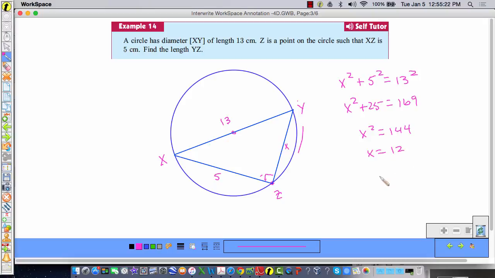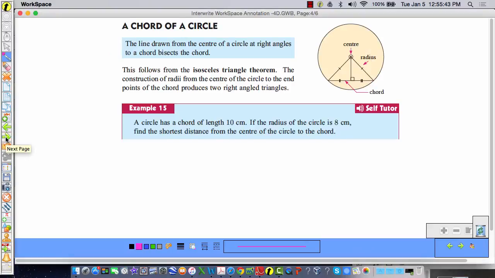So YZ is equal to 12 centimeters. Again, 5, 12, 13 is a Pythagorean triple, 13 being the length of the hypotenuse. So if I have a hypotenuse of 13 and either a 5 or a 12, I should immediately know the other length. Let's move forward, shall we?